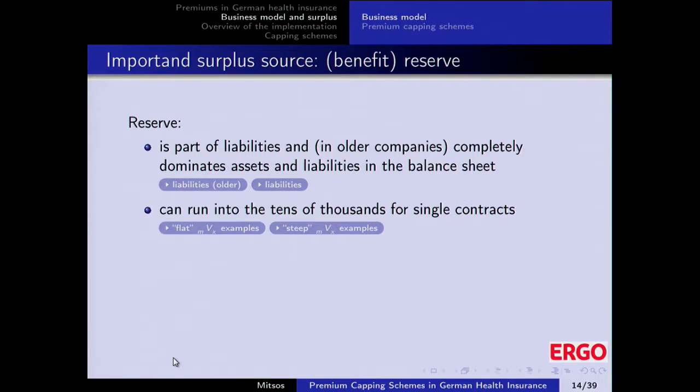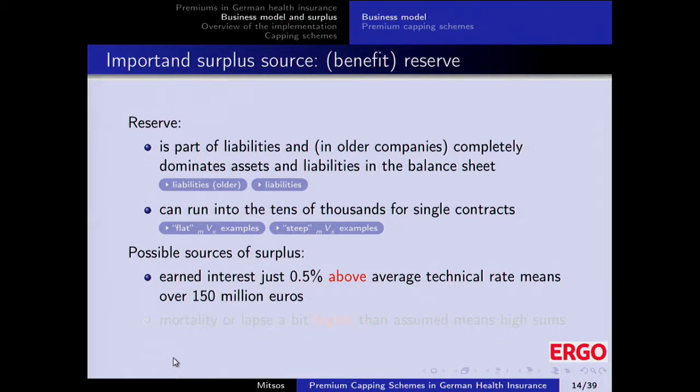And of course, we have seen here that the reserve can run into the tens of thousands for single contracts. And this means if our real interest rate is just 0.5% above the average technical rate, we would earn something like 150 million euros in 1 year from this. 30 billion multiplied with 0.5%.